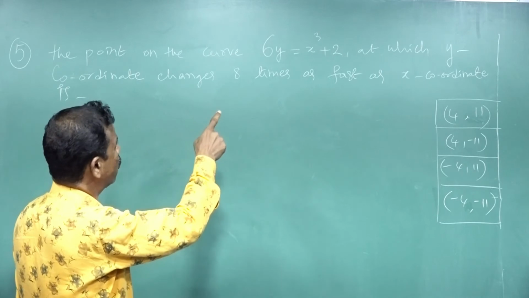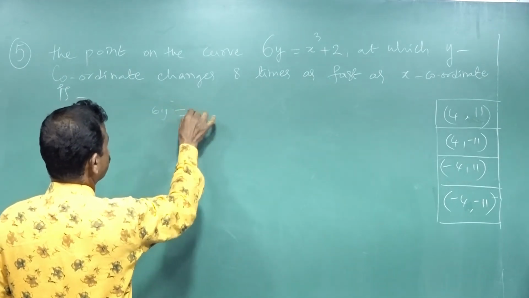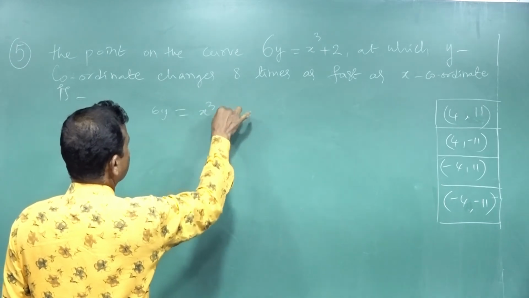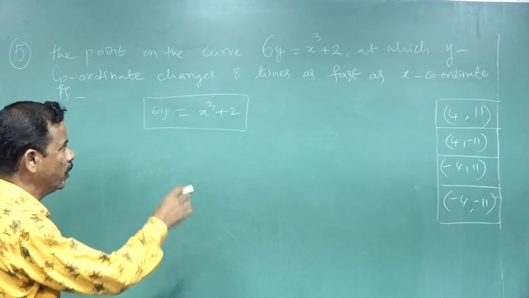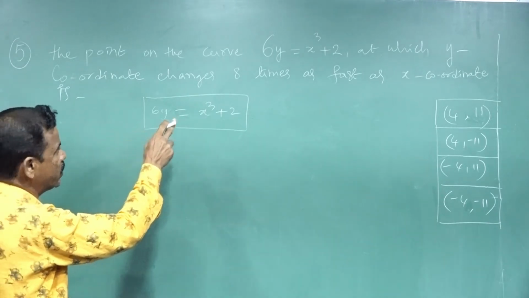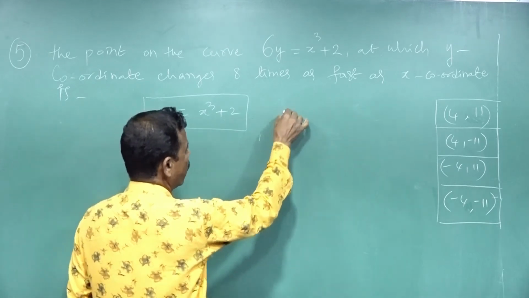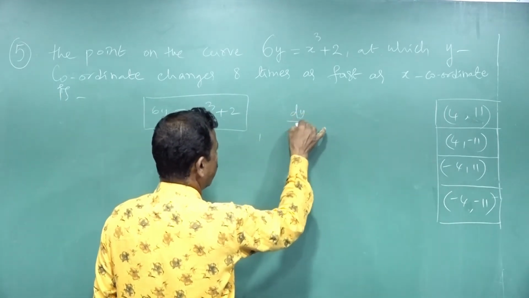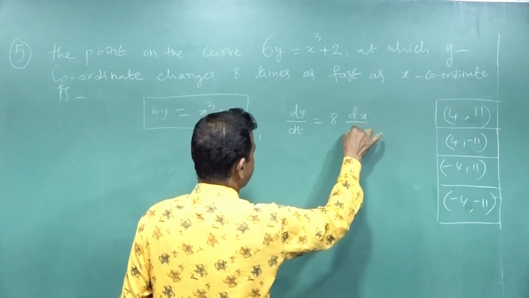Next question. The point on the curve 6y is equal to x cube plus 2 is given. This is the function in terms of x. At which point does the y coordinate change 8 times as fast as the x coordinate? So here another value is given: the rate of change in y is equal to 8 times the rate of change in x.